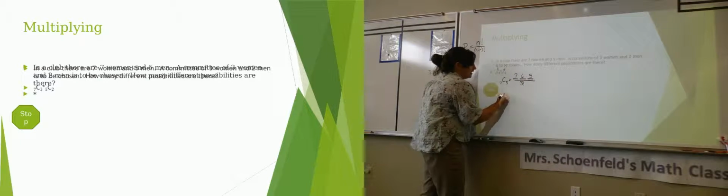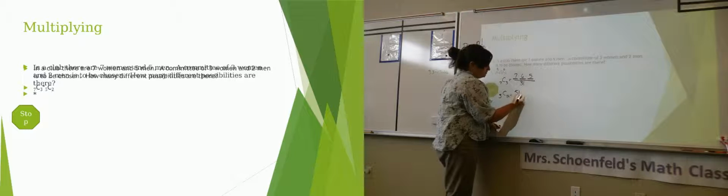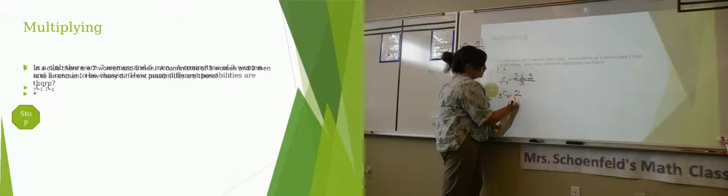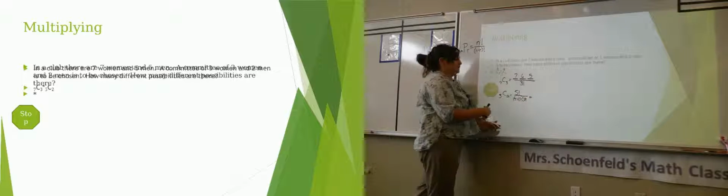5 choose 2, I'm going to use the formula-looking piece of it. So I'm going to do 5 factorial over 5 minus 2 factorial, 2 factorial. I can't just not say it. It's not in my mathy nature.